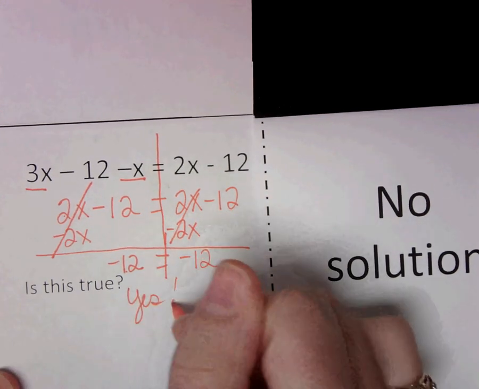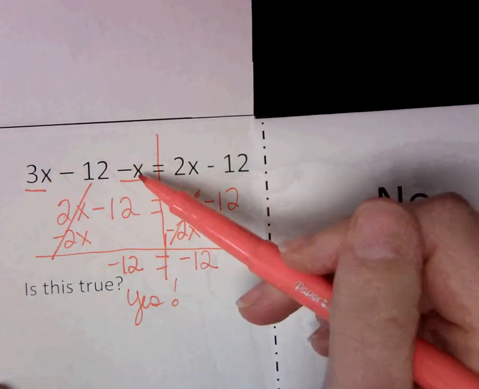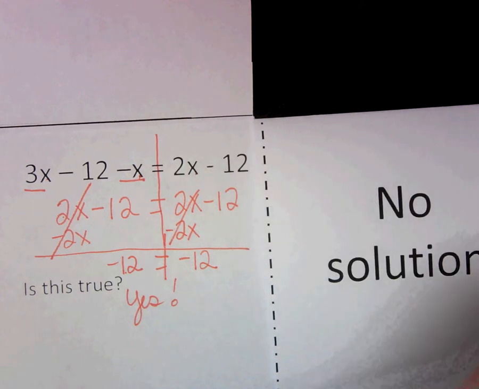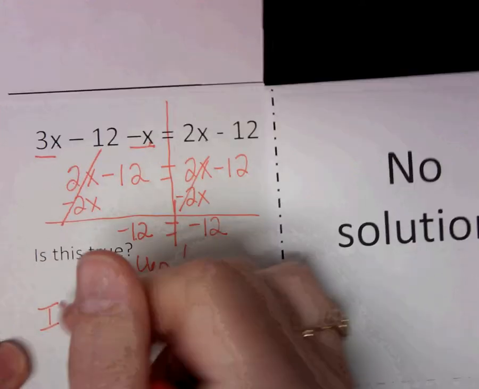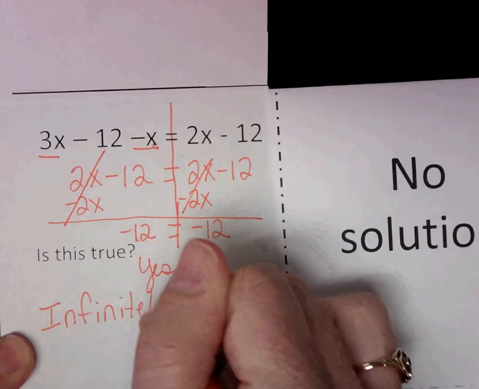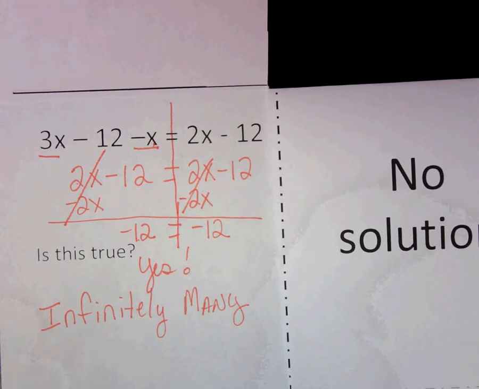Yes, it is. And what this means is that I could take any real number and plug it in for x, and it would make the equation true. So when that happens, we can say all real numbers. We could say infinitely many because there are so many solutions we could never list all of them. You also can say identity.